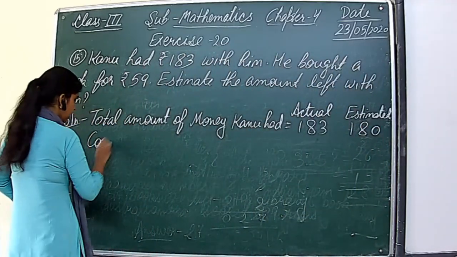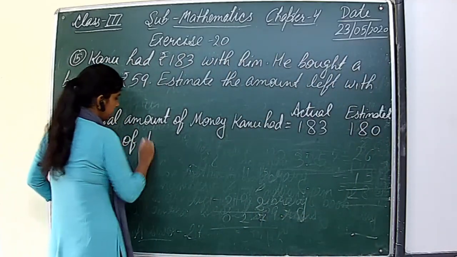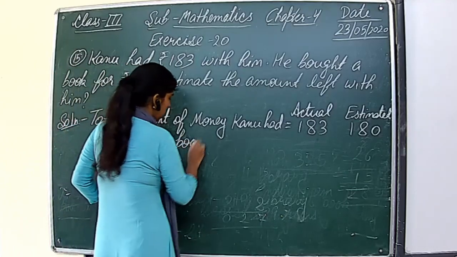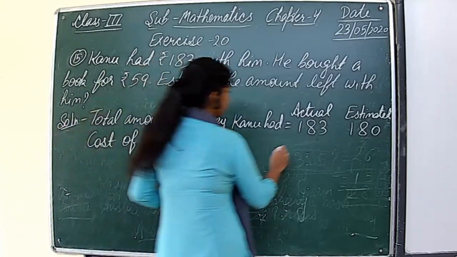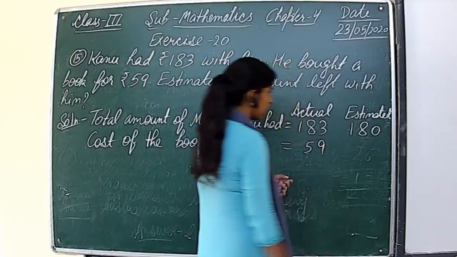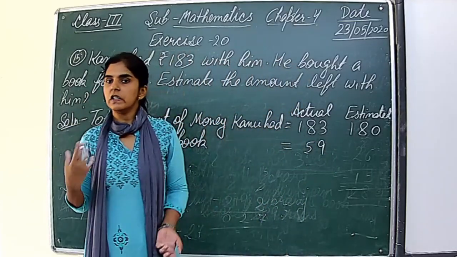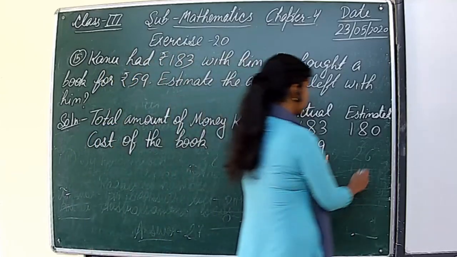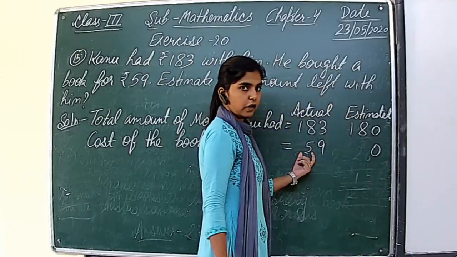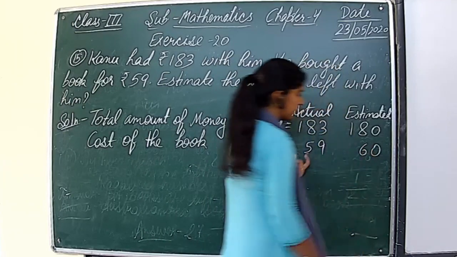Now the cost of the book. Cost of the book is equal to 59. The digit at the ones place is 9 and 9 will be rounded off as 10. So 0, 1 will go for the carry, 5 will become 6. Okay.